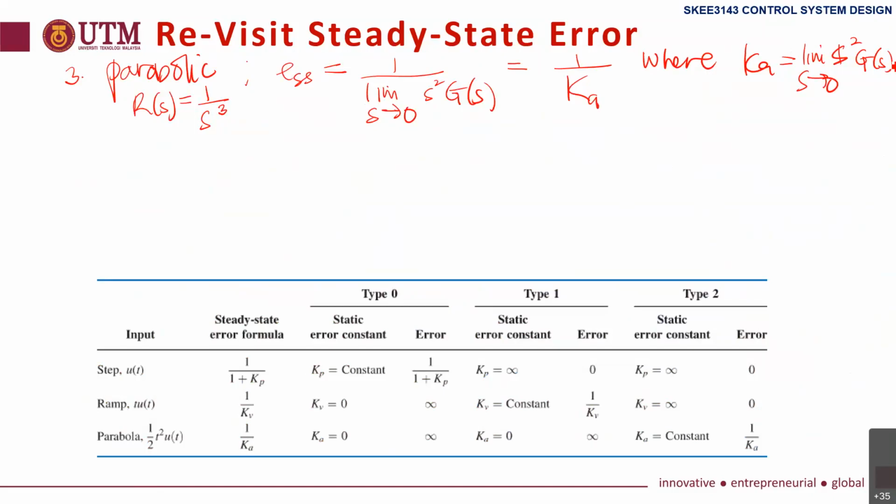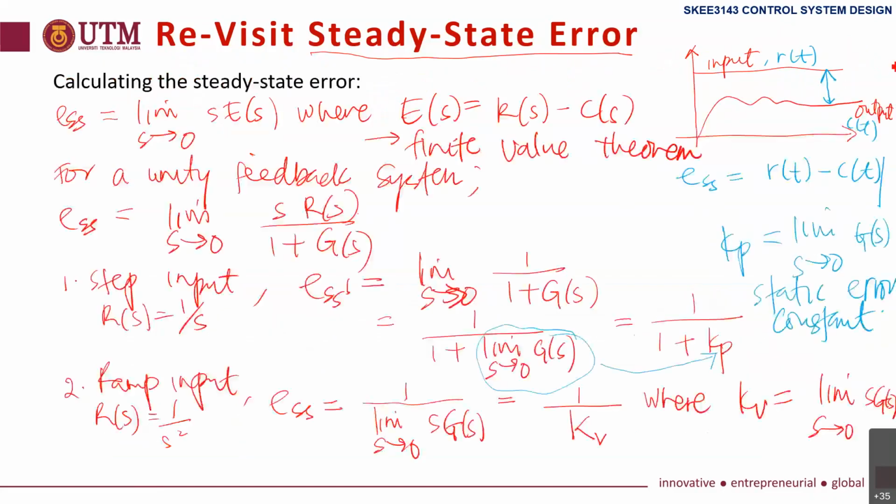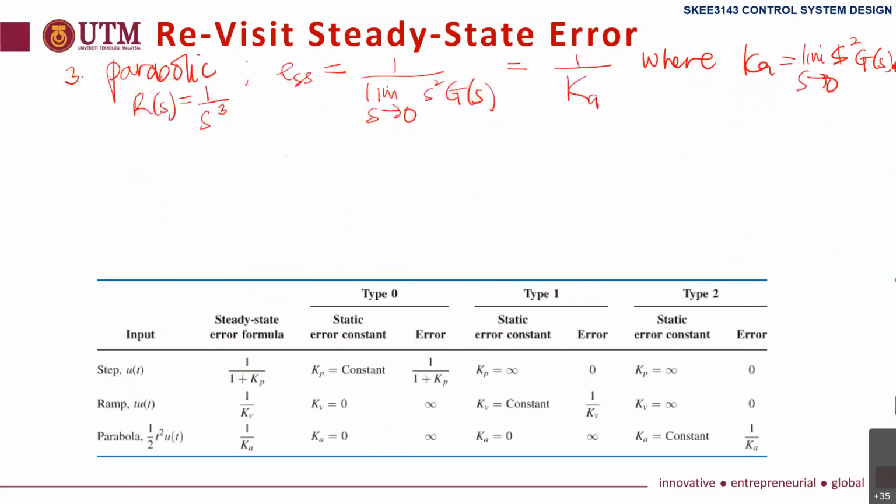So please revise this. Maybe Kp, Ka, the static error constants are new to you, but they are just to summarize that formula. Kp equal to limit s to 0 G(s), so that I can write 1 over 1 plus Kp.